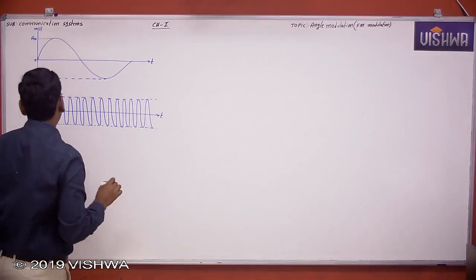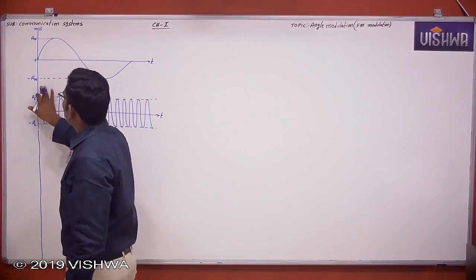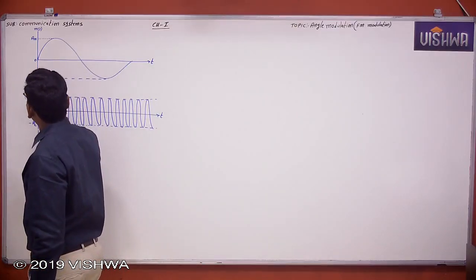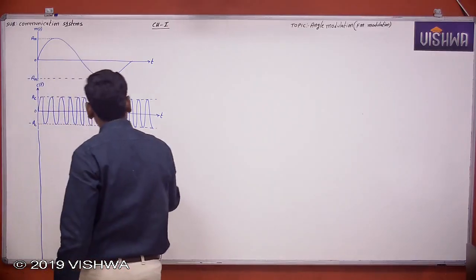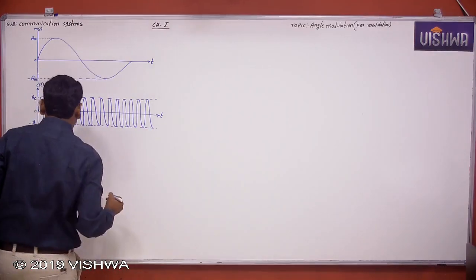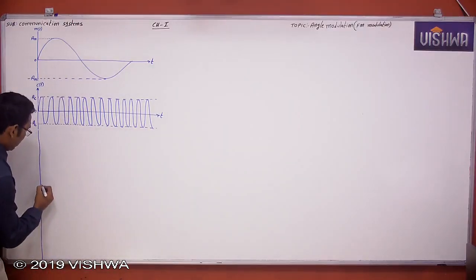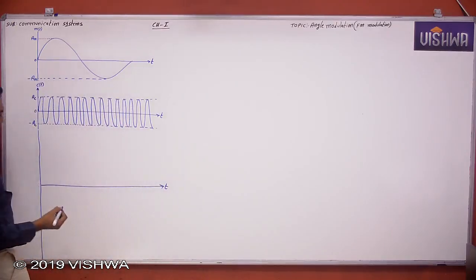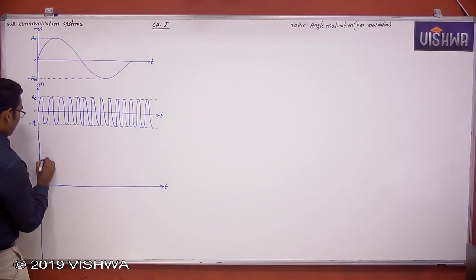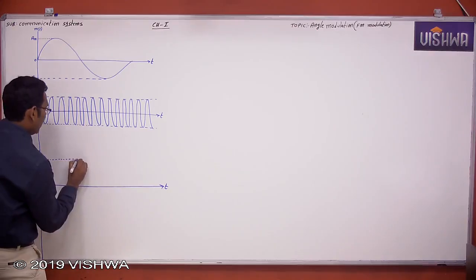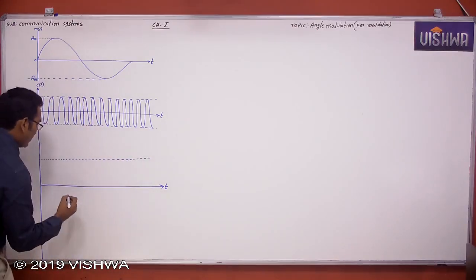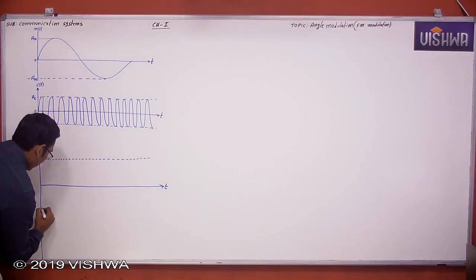Right. Now what is modulation? This is the message signal and this is the carrier signal. To modulate, we require a high frequency signal. This is the carrier before modulation. Now we will see the carrier after modulation. What is the peak amplitude of the carrier after FM modulation? This is not amplitude modulation, this is frequency modulation.